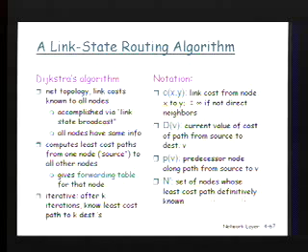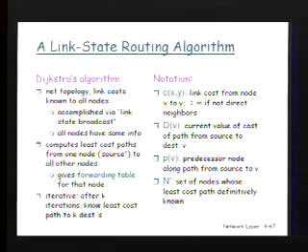And at each node, once you have this information, then you're going to build the least cost spanning tree, which will give you the least cost path from this source node to all other nodes. Once you have this least cost path, then you can construct the forwarding table. So the routing algorithm will then feed into the forwarding mechanism. You first get the right paths and then construct the forwarding table.